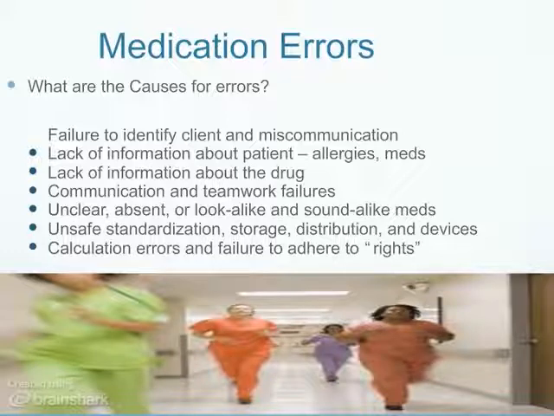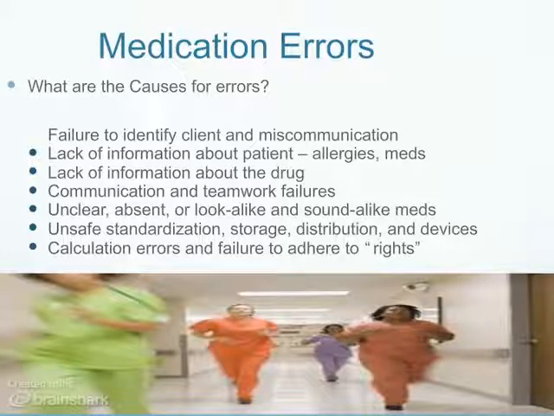You go in a room, there's one person in the room, you ask them their name, and then you give them their medicine. Well, they can't always answer. They're not always communicative. And there sometimes are two patients in a room. Sometimes there are names that are similar. And when you work in a fast-paced environment, which nursing is, we forget and we make mistakes. We cannot rely on our memory.